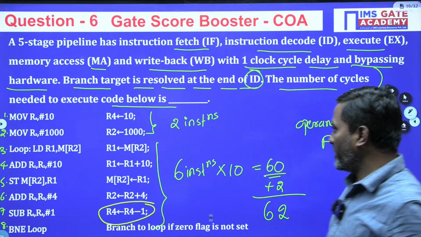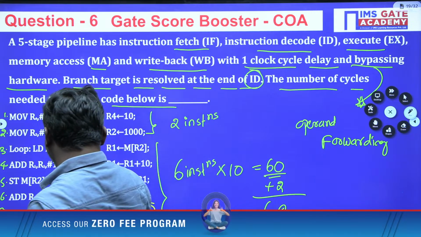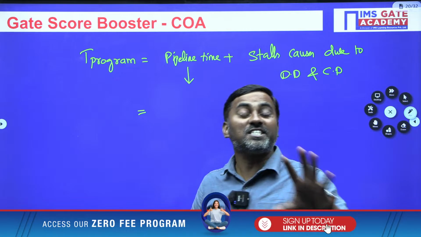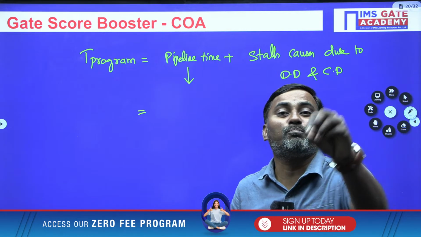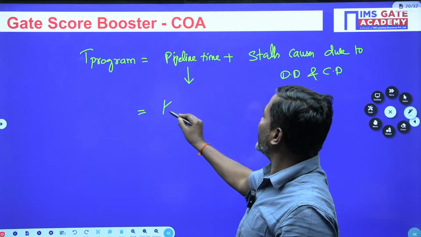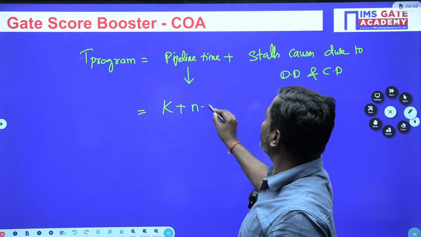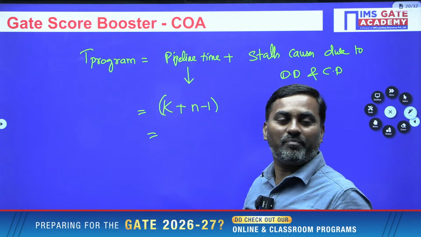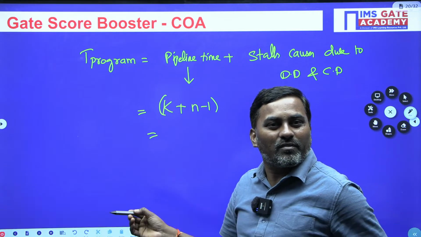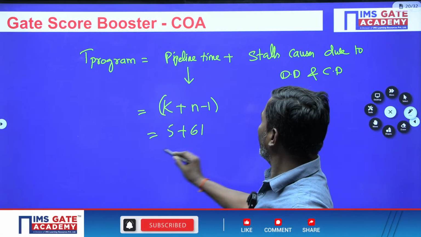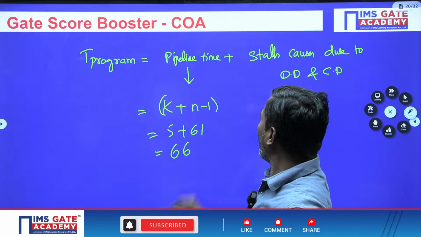Now, as we know, under a 5-stage instruction pipeline, if I run 62 instructions, how many clock cycles are required? We know, right? K stages plus n-1 instructions, this many clocks will be there, where K is the number of stages. What is K? 5 stages plus 61. So 66 clock cycles required.